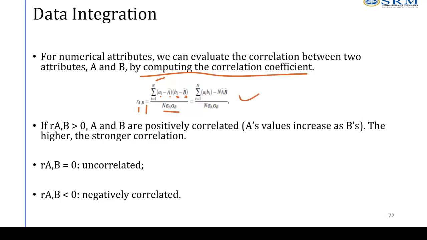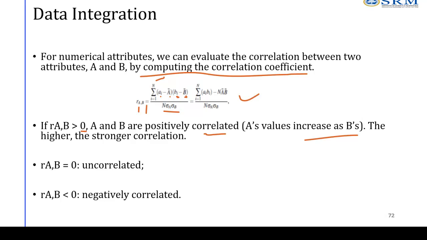Whatever output you get for this correlation coefficient, if it is greater than 0, it means that attributes A and B are positively correlated: if the A value increases, then B also increases, and it also tells you that A and B are highly correlated.